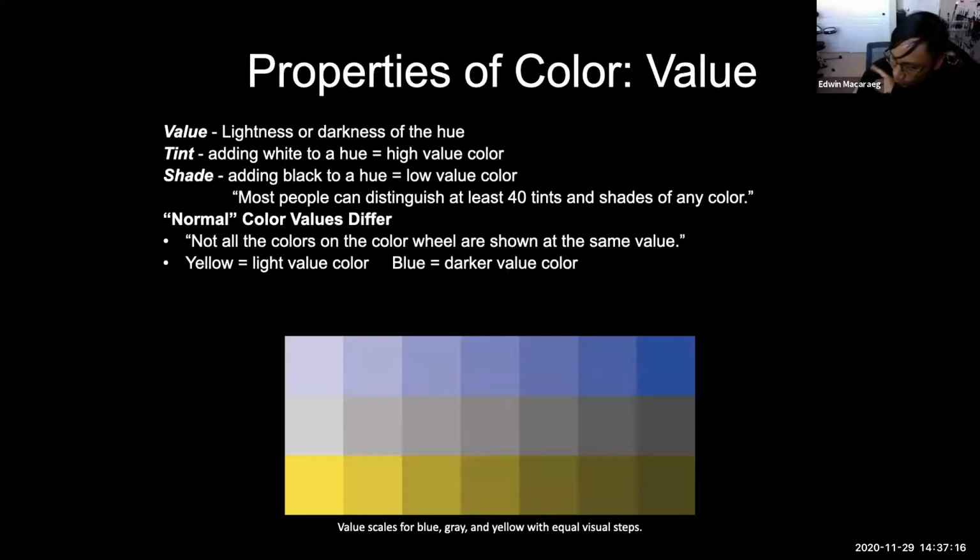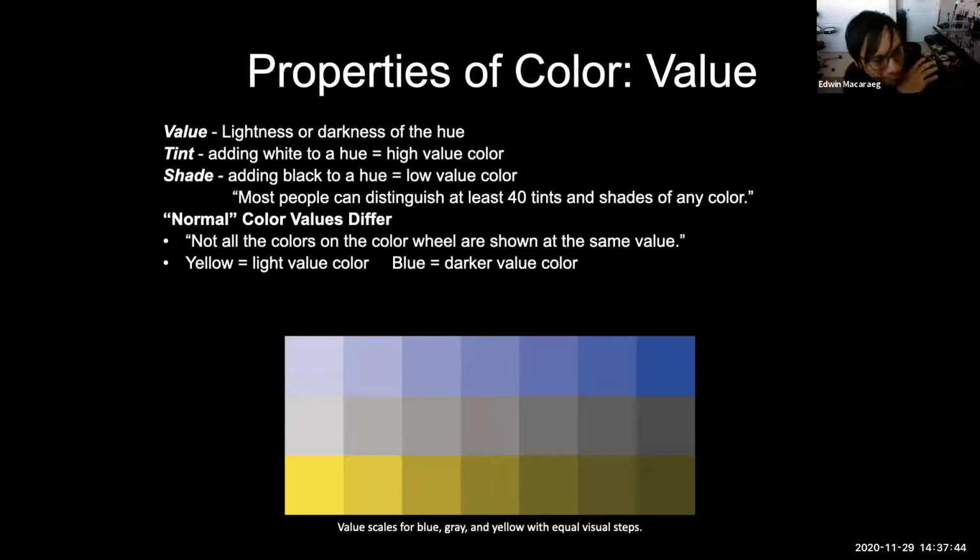Okay, so if we add white to a color, it suddenly becomes a tint of that color, and with the white added into the hue, it becomes a higher value color. If you add black to a hue, it becomes a shade, and it lowers the value of that color. Okay, so you'll hear tint and shade used a lot.